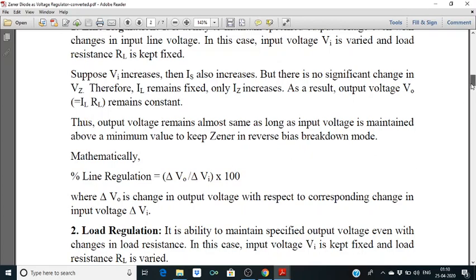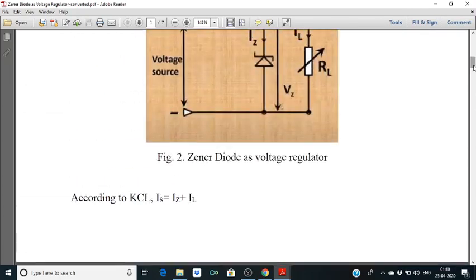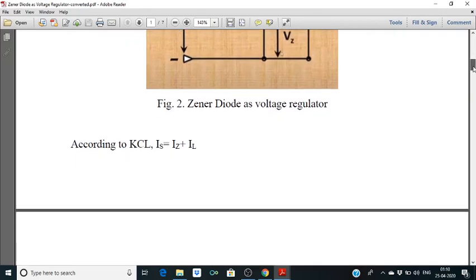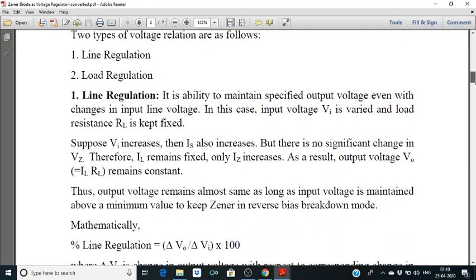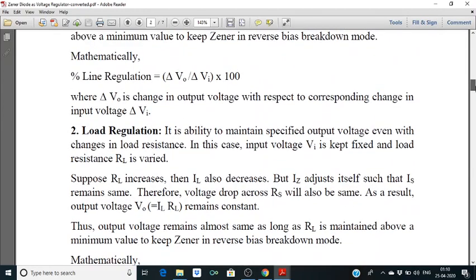Now coming to load regulation. Load regulation means RL is varying and other parameters are kept fixed. Vi is also constant and other parameters are constant, but RL is varying, that is, the load is varying. Then also V out should be constant, only then it will work as a voltage regulator. Now how will it do that?